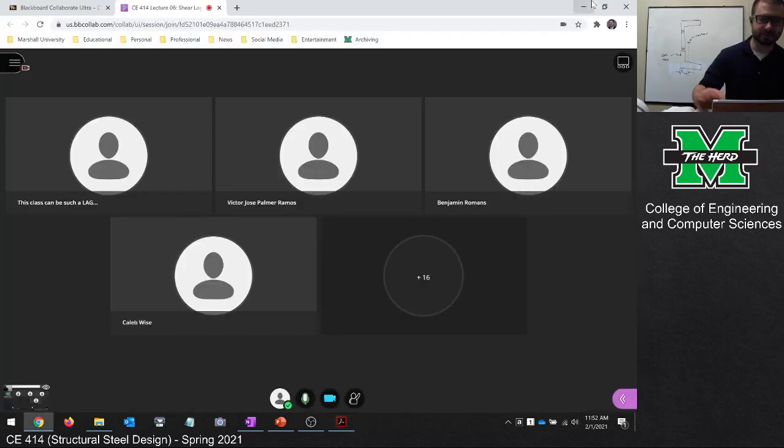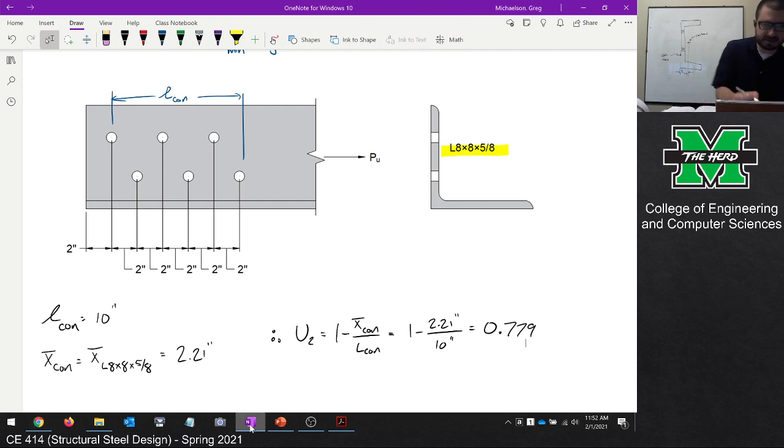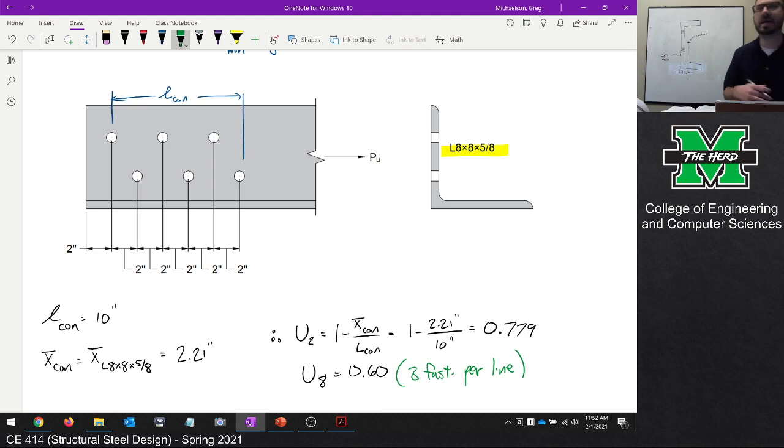So U8 is 0.6, and I'll put 3 fasteners per line. But the spec says that of these 2, we take the maximum. Think of U8 as sort of a lower bound. So therefore, U is U2, which is 0.779.